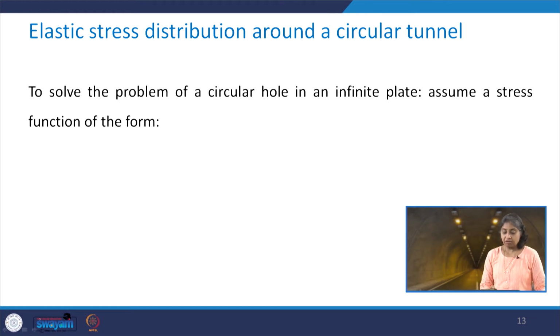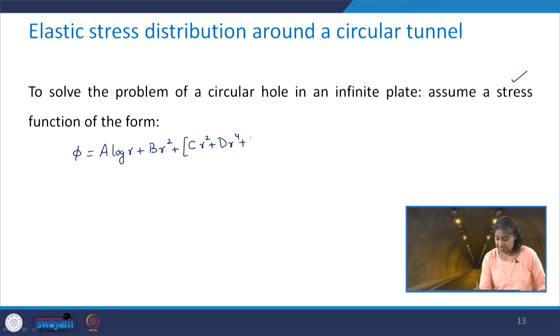So, to solve the problem of a circular hole in an infinite plate, we first assume a stress function of the form, say I take it like this, that is phi equal to a log r plus b r square plus c r square plus d r to the power 4 plus e r to the power minus 2 plus f into cos of 2 theta.